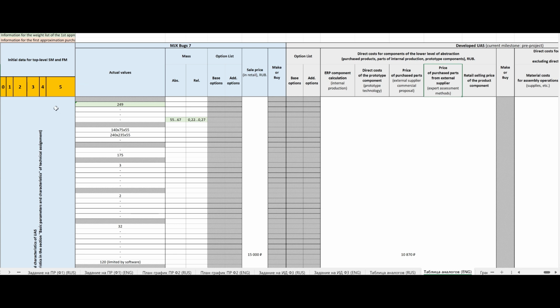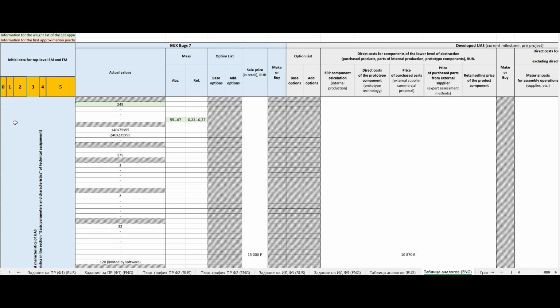I.e., if when setting the cost values we accidentally go out to a higher level, for example the 3rd or 2nd level, this indirectly indicates the structural model is formed with errors, since at the milestone of the pre-project stage, information about the actual prices of components of the upper level of abstraction is extremely unlikely, since the assembly units should take into account production costs or VAT and overhead costs of domestic production.